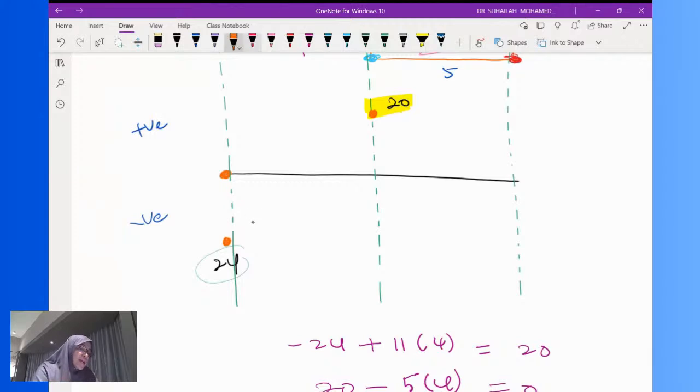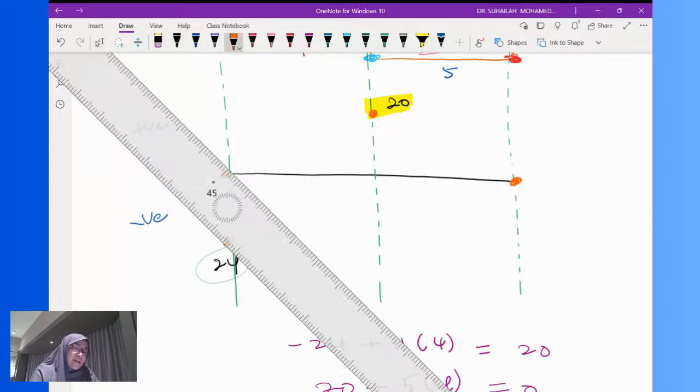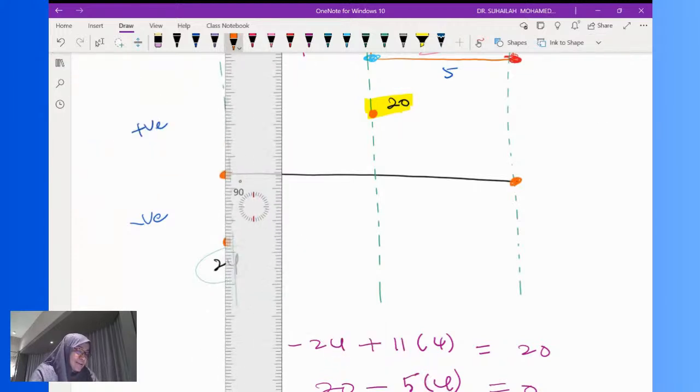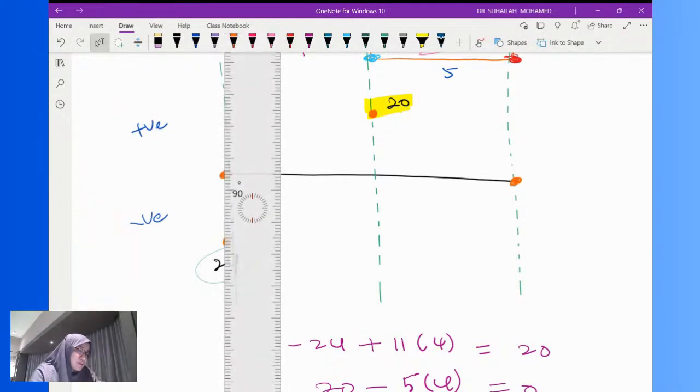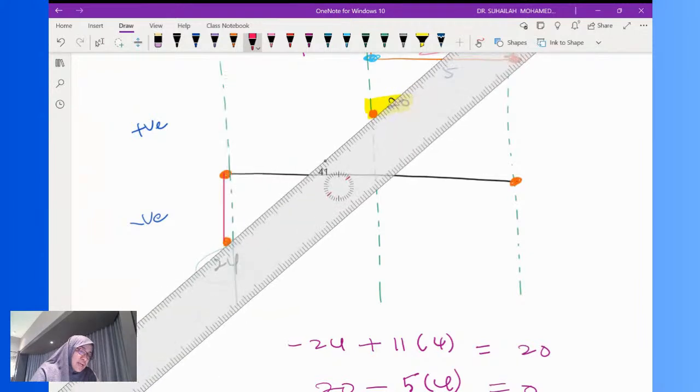So the last position will be 0. So next, we just need to join the dots.